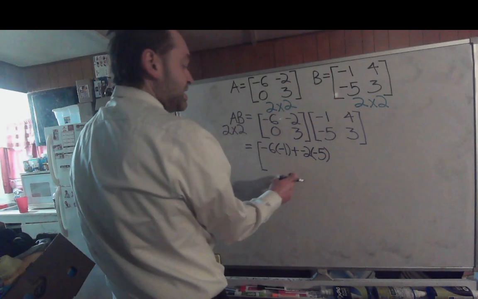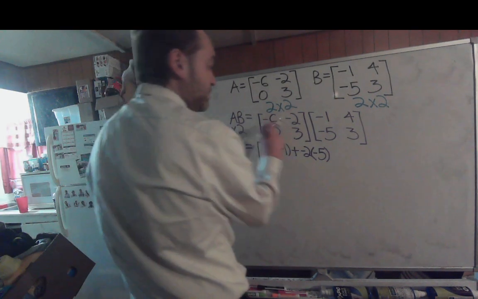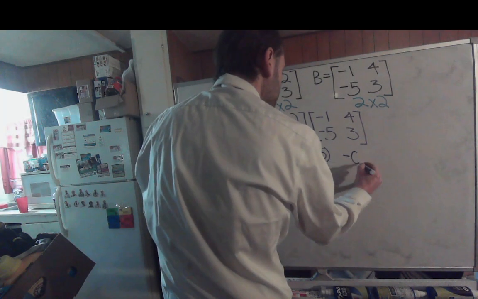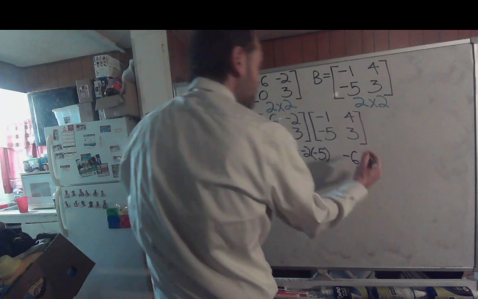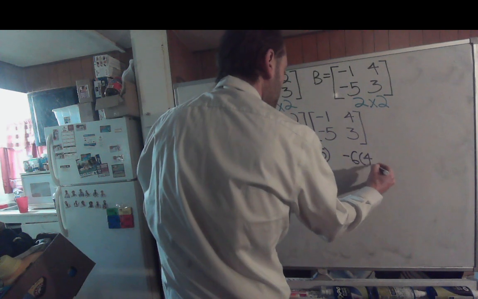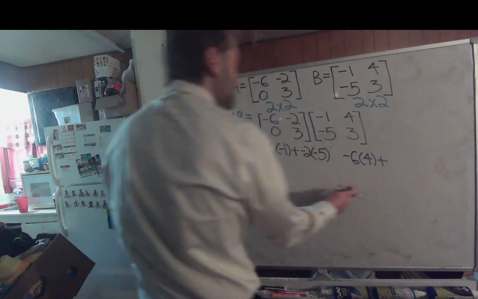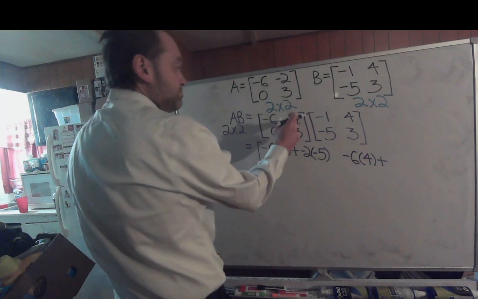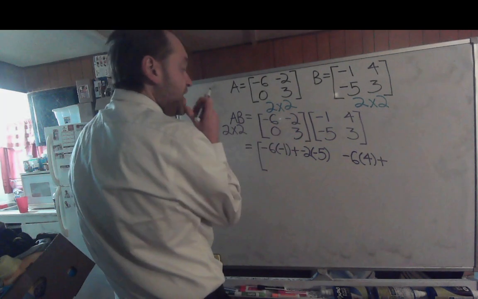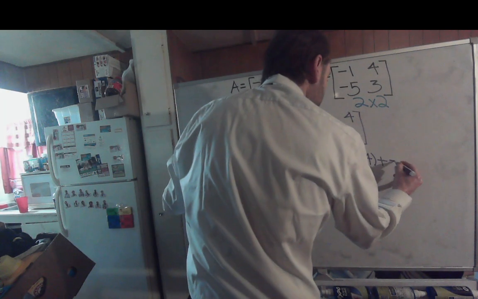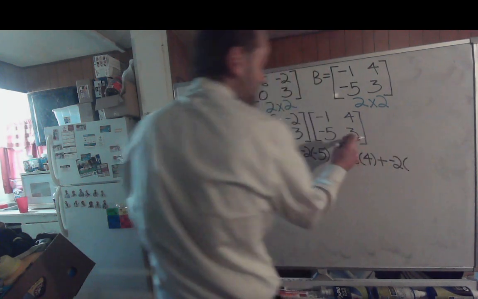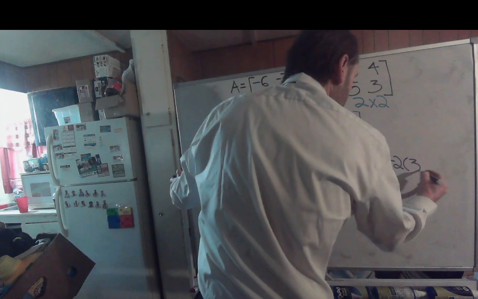Now to get your second number, take the first number in the first row, which would be negative 6, times the first number in your second column, which would be 4, plus take the second number in the first row, which would be negative 2, times the second number in your second column, which would be 3.